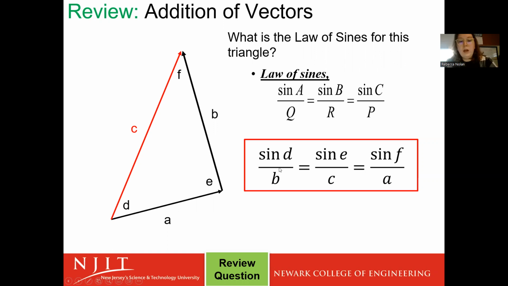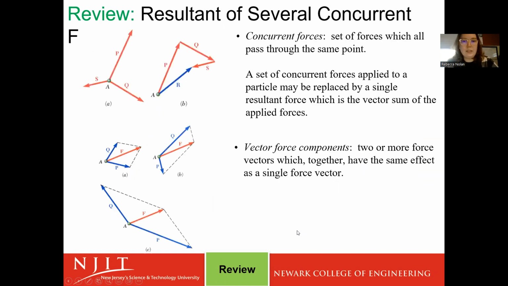So I was going to say C over sine of E, A over sine of F, and B over sine of D. The alternate would be to do your sines on top, kind of just to minimize error. If you put your unknown in the numerator, it's a little bit easier, but it really only will save you a step or so. Any questions?